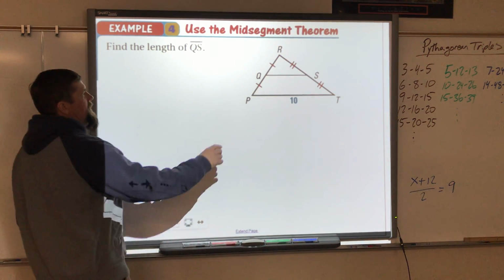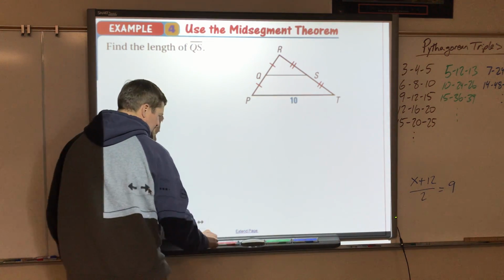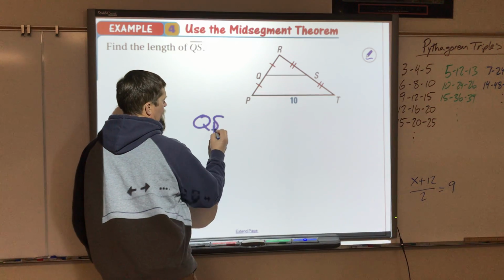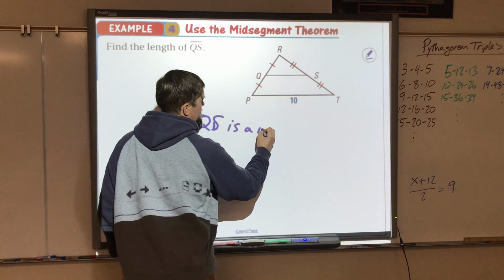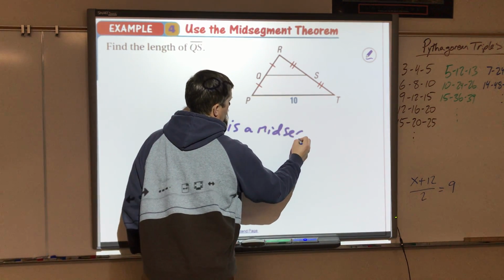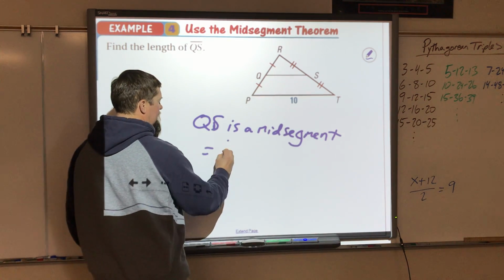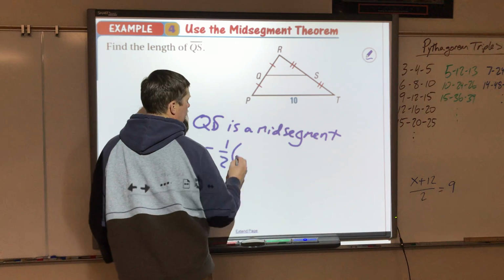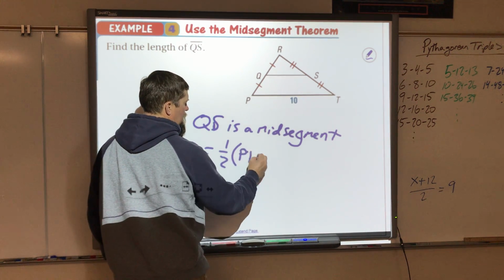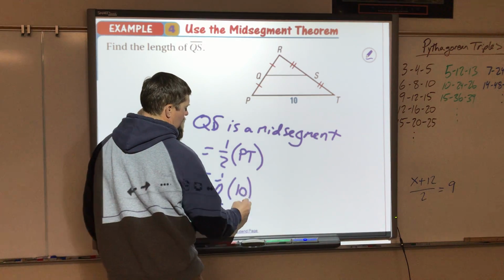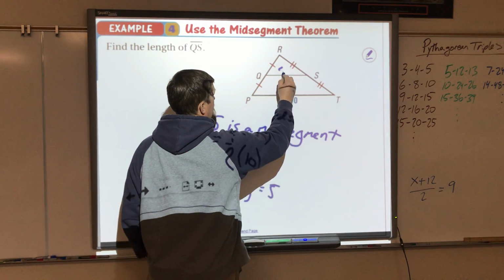I know these two are midpoints, and since QS is a midsegment, it equals half of PT. So it's half of 10, which is 5. So this is 5.